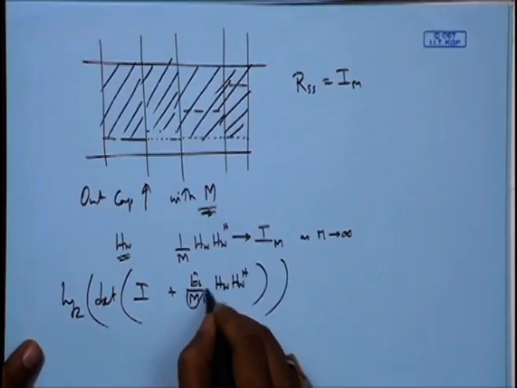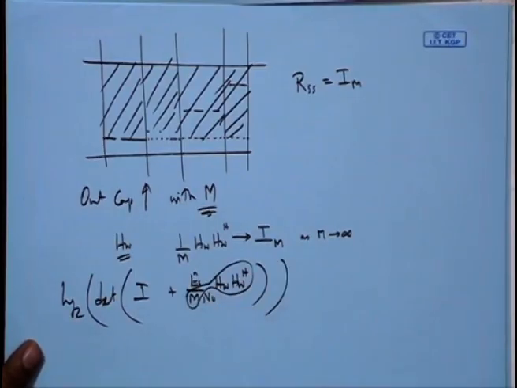What we had seen is that this tends to I. So if this tends to I, what is the meaning? The meaning is that the capacity expression is becoming independent of channel coefficients. So that means every time I measure the value of capacity for a very large HW channel and keep changing the channel coefficients, the capacity value is not going to be different from each other.